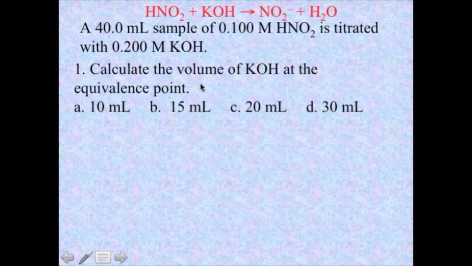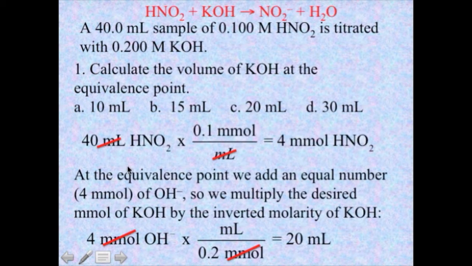Well, at the equivalence point, you add an equal number of moles of hydroxide as you have moles, or millimoles, of nitrous acid. So, first you determine the millimoles of nitrous acid by multiplying the volume of the nitrous acid by its molarity, and that gives you 4 millimoles of nitrous acid that need to be completely neutralized.